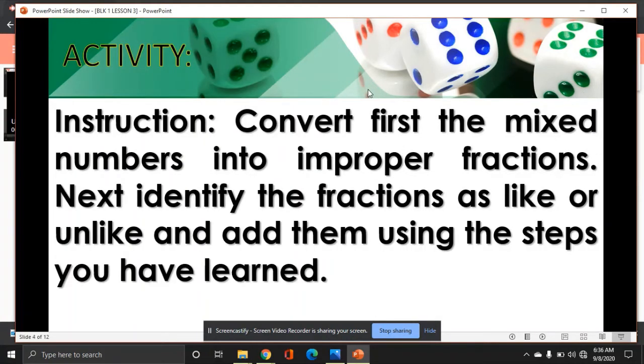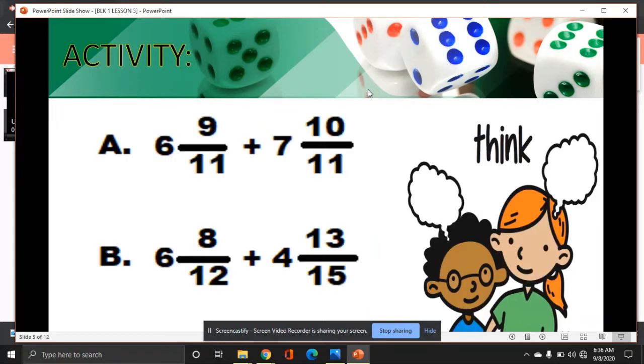So this would be our activity. Instruction. First, we need to convert the mixed numbers into improper fractions. Next, identify if the fractions are like or unlike fractions and add them using the steps you have learned in lessons 1 and 2.